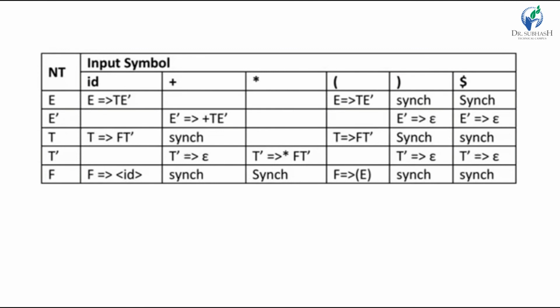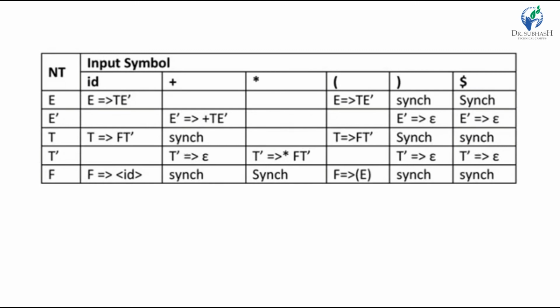For example, in our previous grammar, which is E gives E plus T or T, T gives T star F or F, F gives opening bracket E closing bracket or ID. In that grammar, remove left recursion and do left factoring. After that, in the parsing table, add the synchronize token to the follow of each non-terminal.